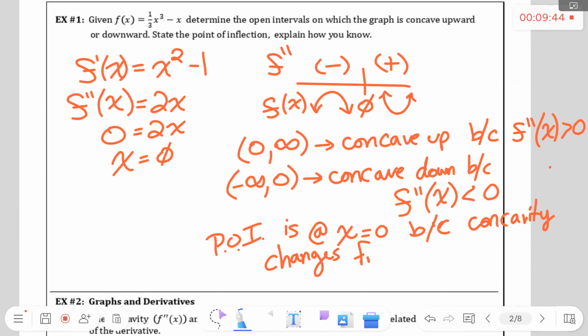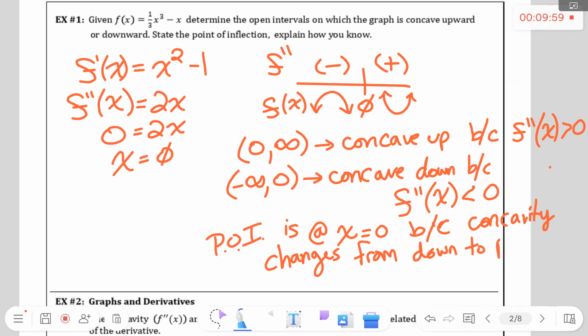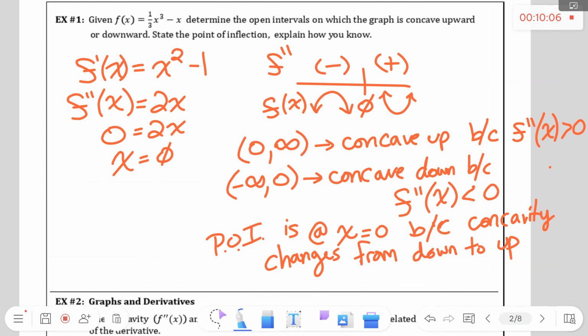The only thing, Jen, I would make sure we explicitly say, we would say f double prime changes from negative to positive.